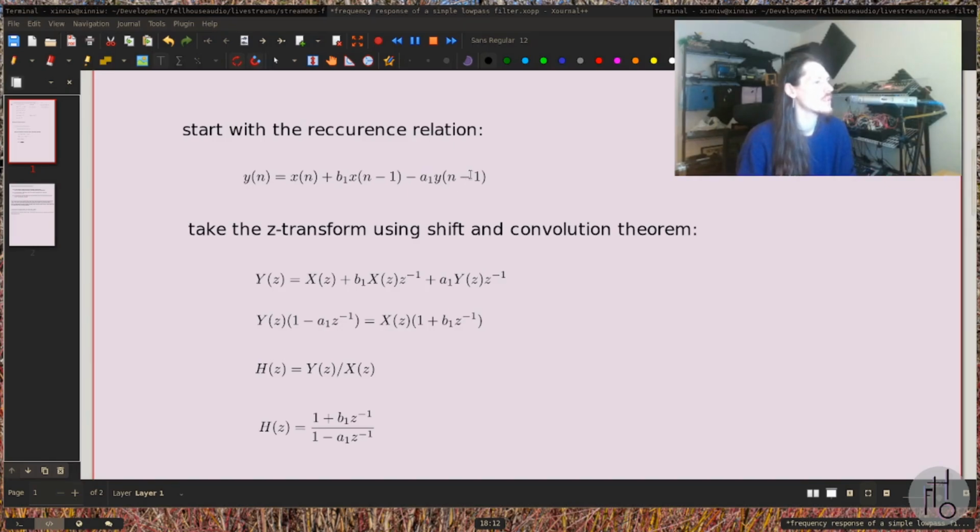Due to the shift theorem, the Z transform of y[n] is just capital Y of Z. The Z transform of x[n] is just capital X of Z. The Z transform of B1 x[n-1], we can actually pull the B1 out of it because this is a linear expression. And using the shift theorem, the Z transform of x[n-1] is equal to capital X of Z times Z to the negative 1.